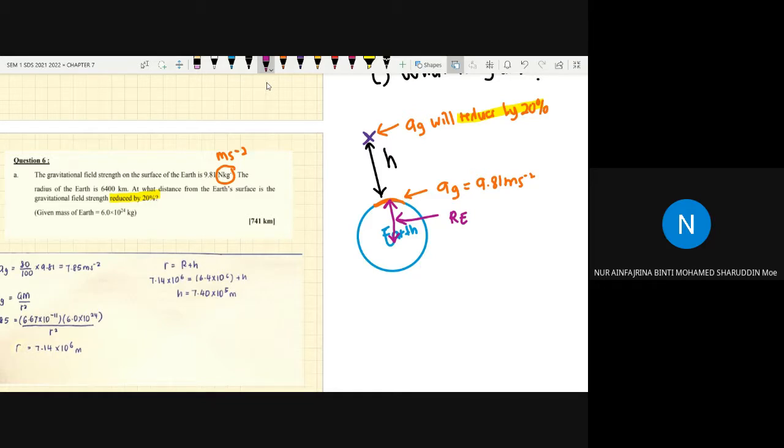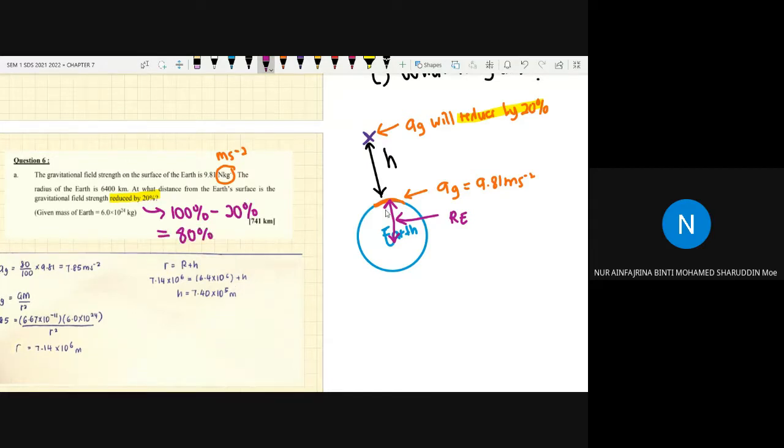Tapi lepas kita dah habis belajar, lepas dah masuk attend satu kelas, kita punya energy akan reduce by 20%. Jadi berapa persen energy awak tinggal sekarang? 80%. So maksud reduce by adalah 100% tolak 20%. So awak akan dapat 80%.